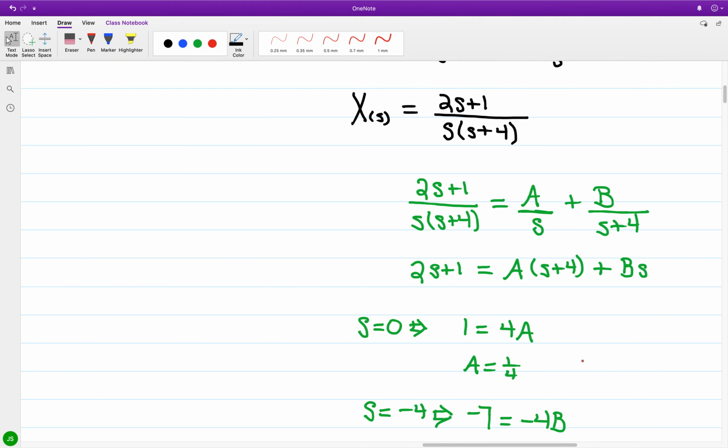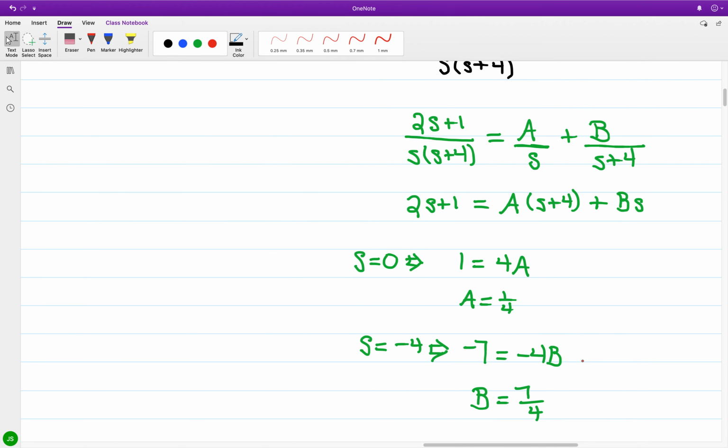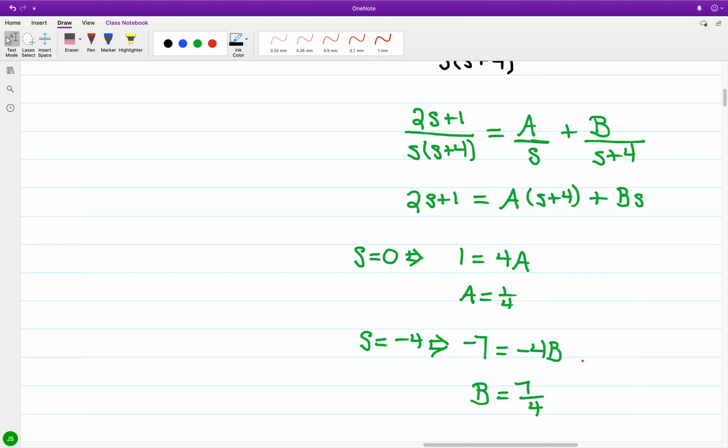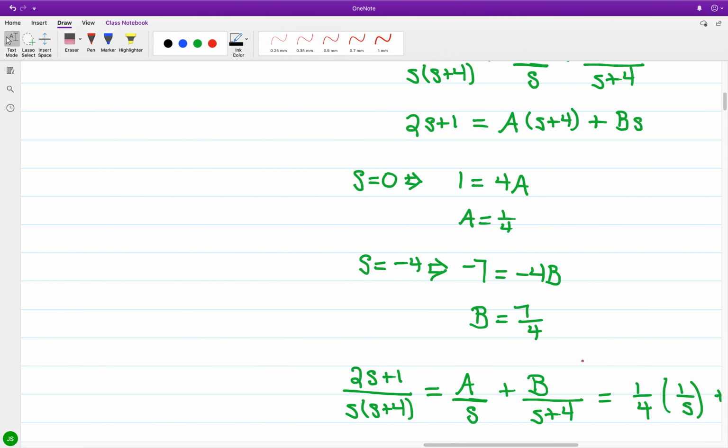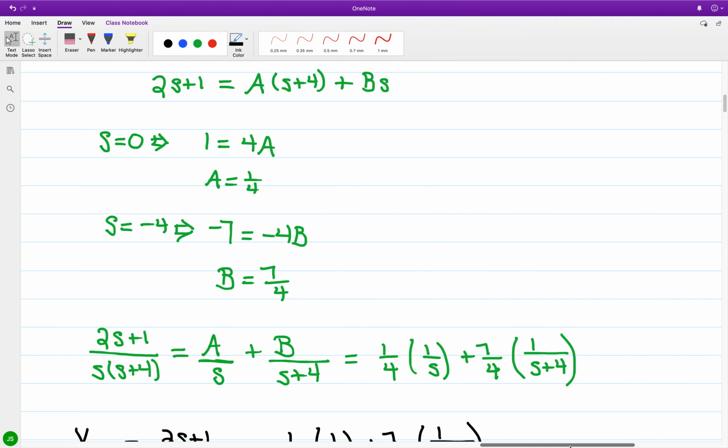If I take care of A and solve for B, I can set s to negative 4, so I have negative 7 is equal to negative 4B, and B is equal to 7/4. With the values of A and B at hand, the partial fraction decomposition is 1/4 of the reciprocal of s plus 7/4 of the reciprocal of s plus 4.